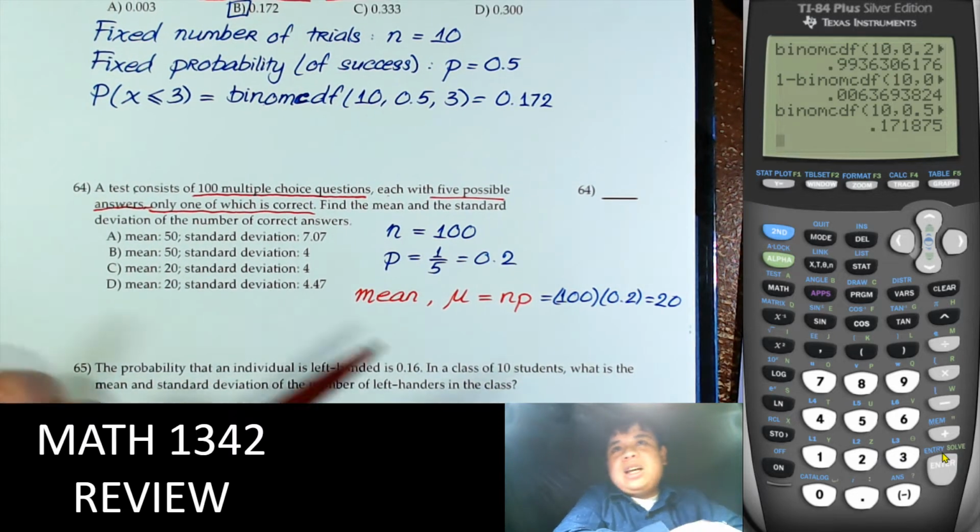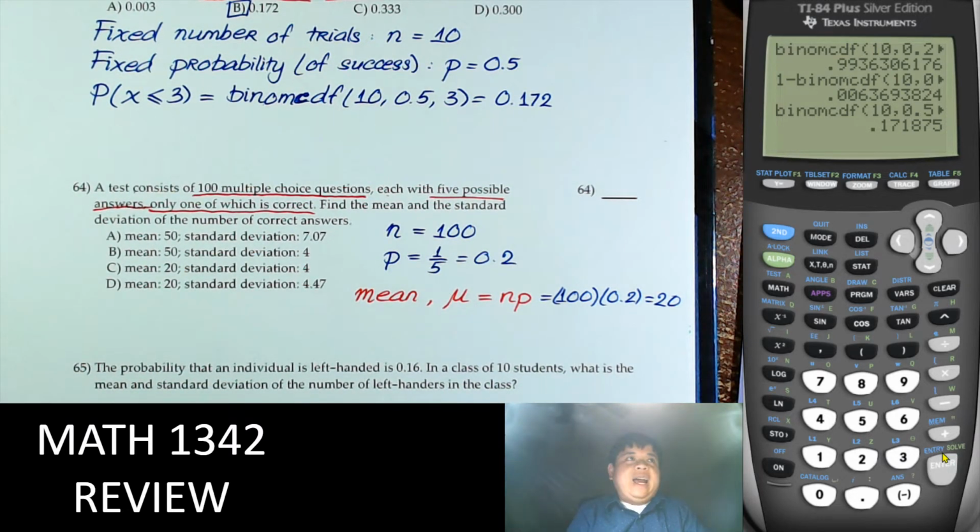So that makes sense. If we have 100 questions and the probability to get the correct answer by guessing is 1 out of 5, which is 20%, then 20% of 100 is 20 questions. So if we guess the whole test, most likely we'll get around 20 questions, which makes perfect sense here. Right, so that is the mean.